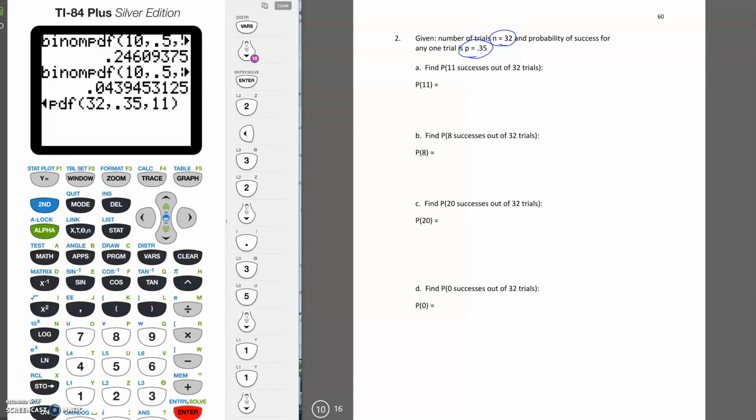So our first one is 0.1468. Remember, if you were just doing this with binompdf, you would put your n first, 32, then your p, 0.35, and then your x, 11. For all of these next ones, you would only have to change that last number.